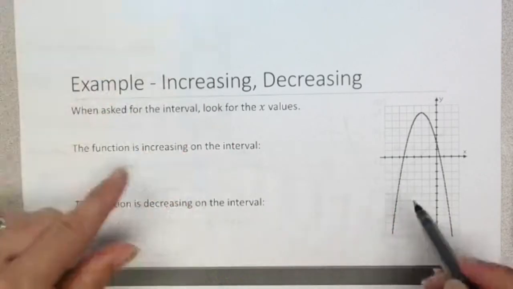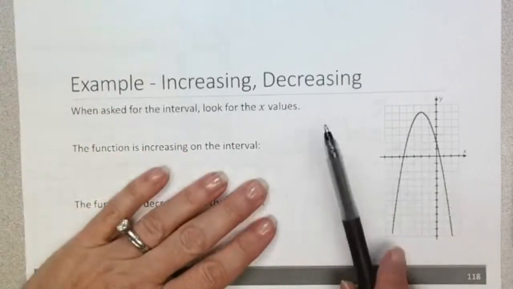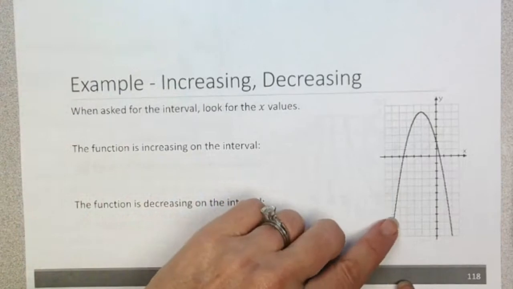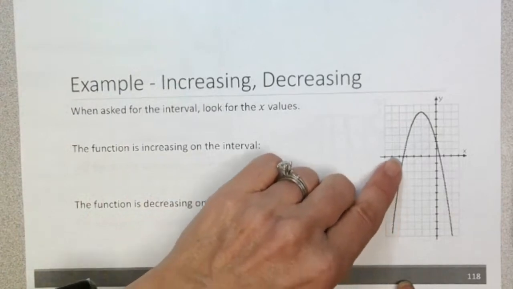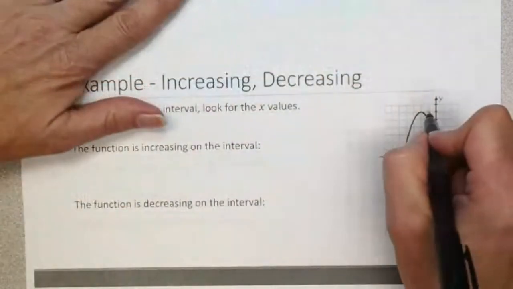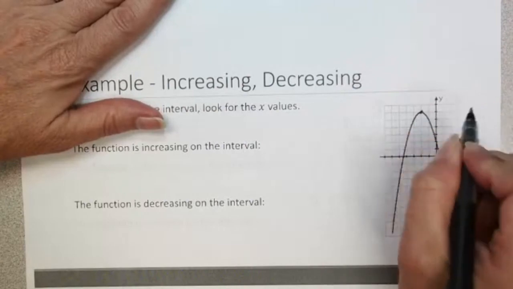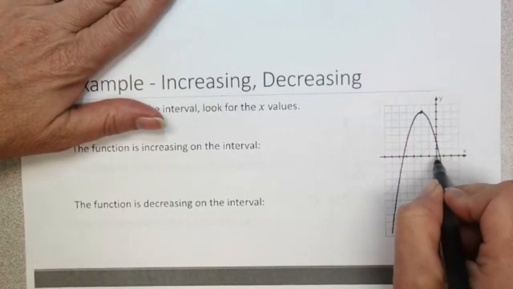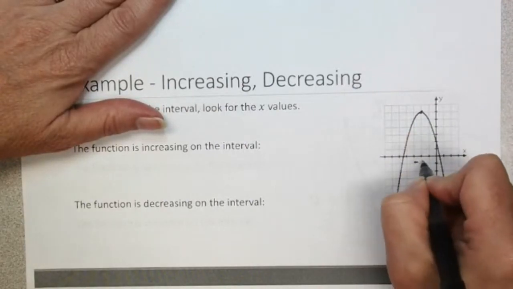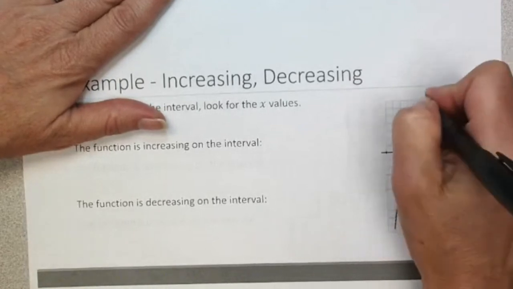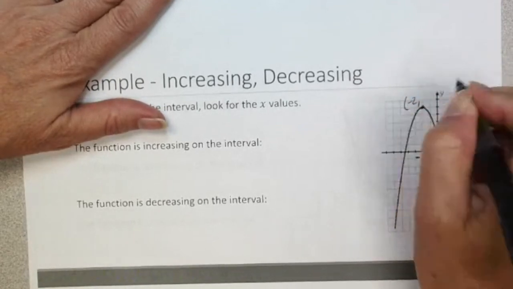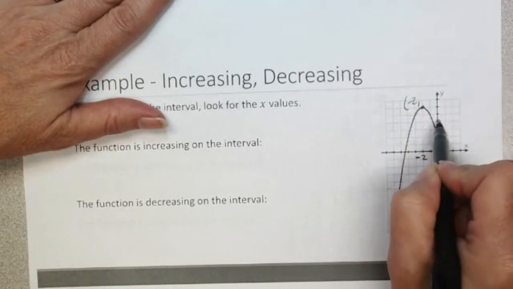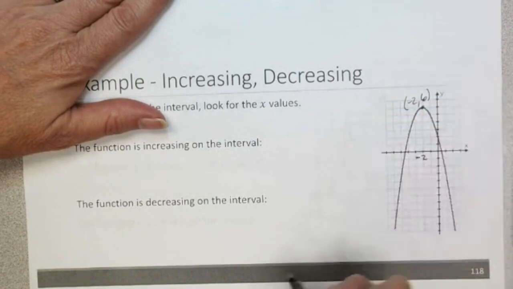For this particular graph, as I move left to right, it looks like it's going up, or as x is increasing, y is increasing all the way until we get to this point right here. That looks like that's occurring at x = -2. The coordinates of that point look like (-2, 6).